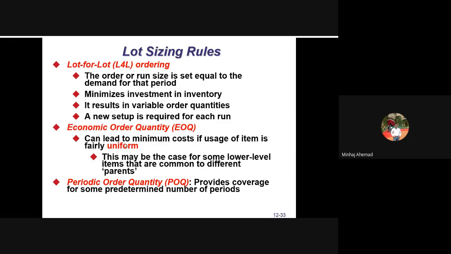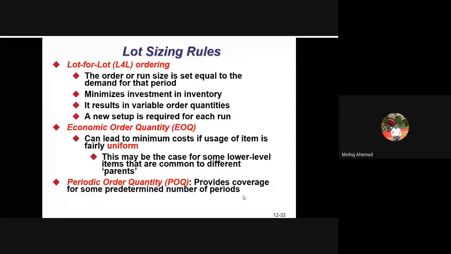Economic order quantity can lead to minimum cost if usage of the item is fairly uniform. So economic order quantity is generally that quantity which we order when it is required and it is feasible economically. Then periodic order quantity is also there. So this is an example for lot size.